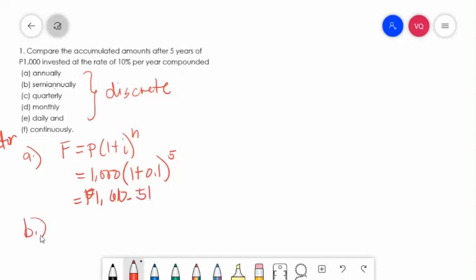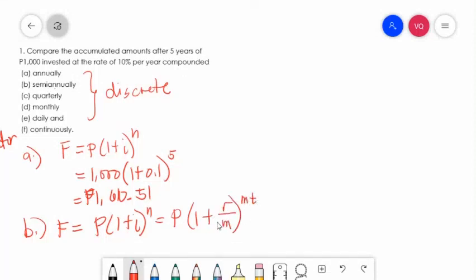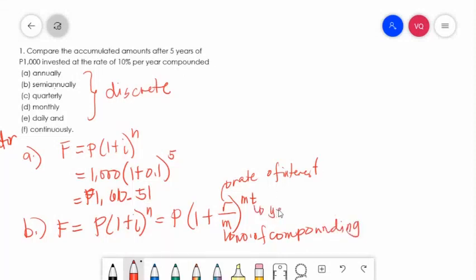Letter B, semi-annually. So we have F is equal to P (1 plus I) raised to N, or P (1 plus R over M) raised to MT. R is the rate of interest and N is the number of compounding. T is years.